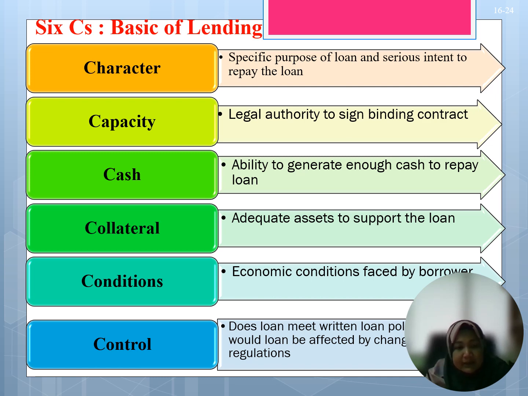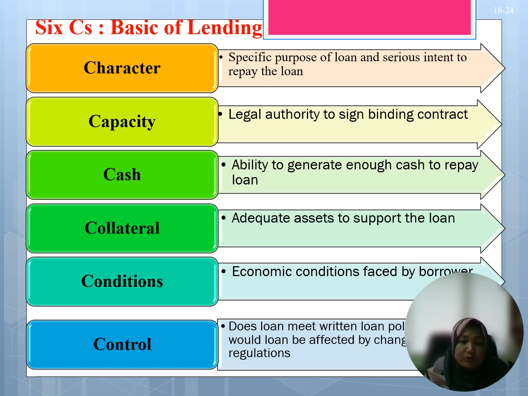The fourth one is adequate assets to support the loans, based on the cash. Then the bank can also check the collaterals. Some loans require collaterals, usually about 70% or 80% of the loan amount.